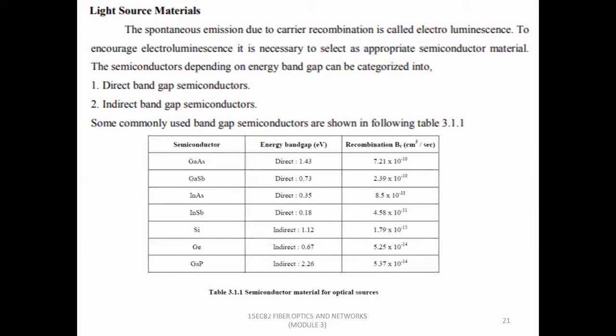Some commonly used semiconductors are shown in the following table: GaAs, GaSb, InP, InAs, InSb, silicon, germanium, GaP. So energy band gap in electron volt is given with respect to each semiconductor material. Even recombination is given.